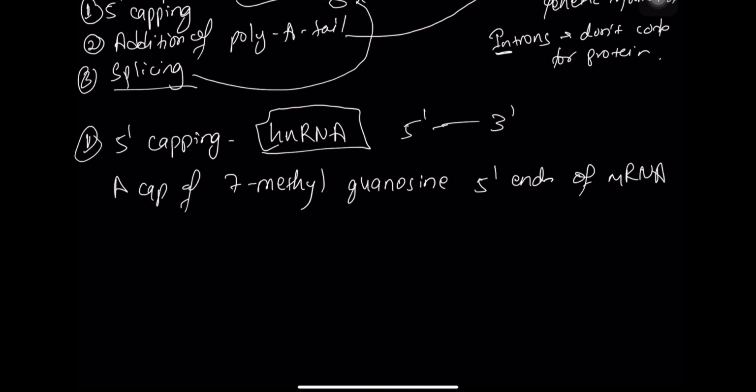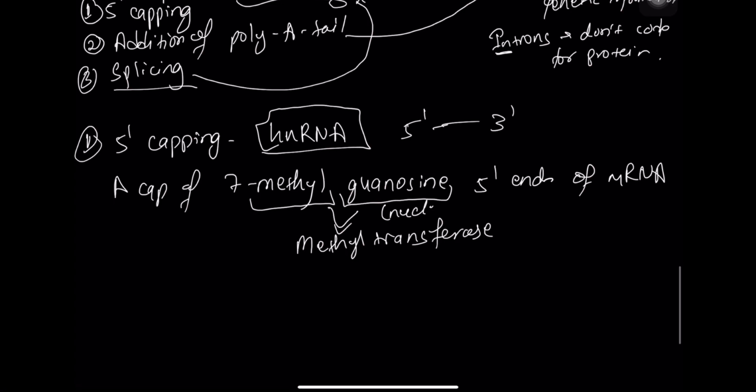So there is addition of guanosine, and there is methylation of this guanine. This occurs with the help of the enzyme methyltransferase. The enzyme present in the nucleus will add guanosine to this 5' structure, and the methyltransferase present in the cytosol will add the methyl group to our guanosine.